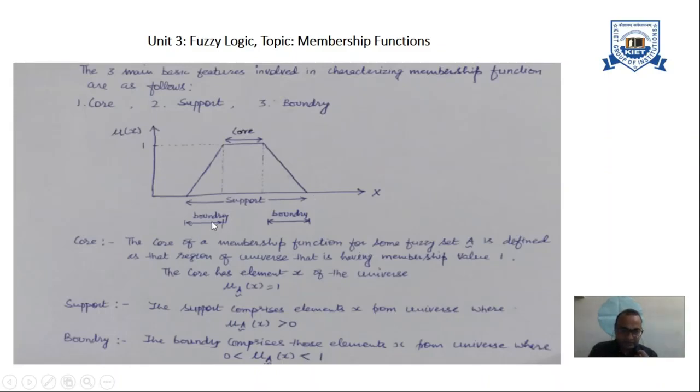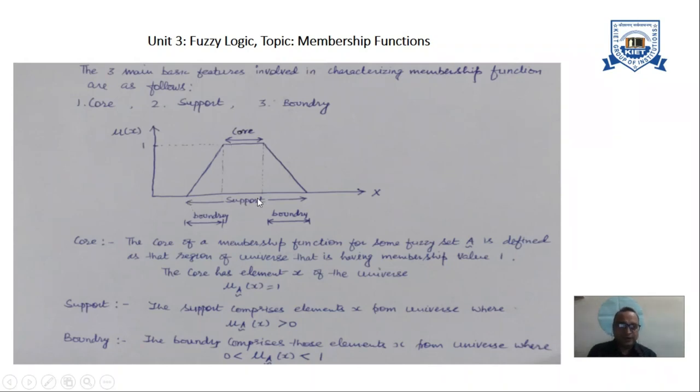And in this membership function there are 2 more regions, which I am mentioning as the boundary region. The boundary region is where the elements of the universe of discourse maintain membership values greater than 0 but less than 1.